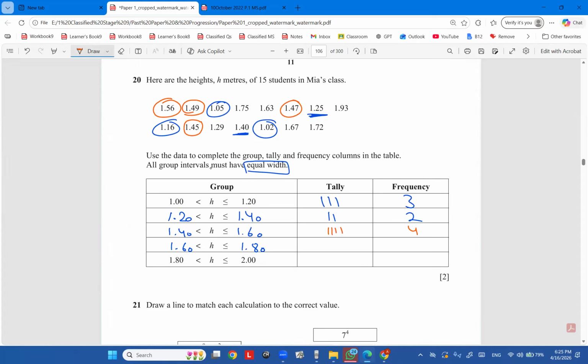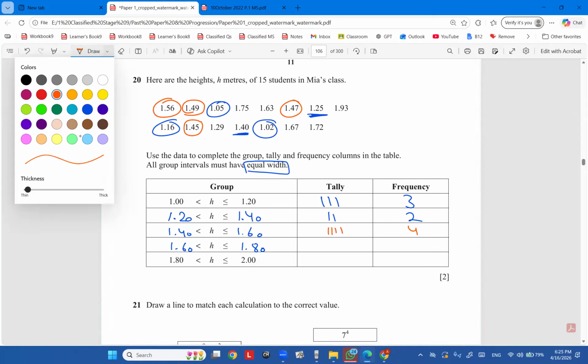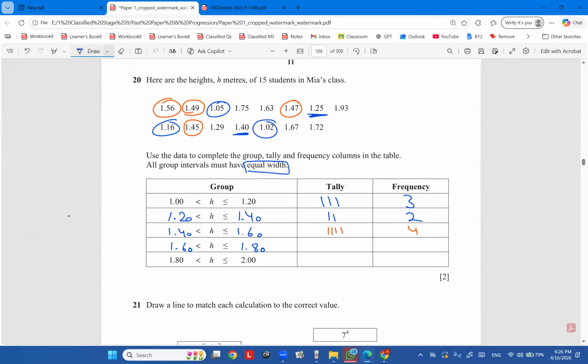Look at that. So they are not only 2. Here, the 1.29 is actually part of the second class interval over here. So they are 3 actually as well.